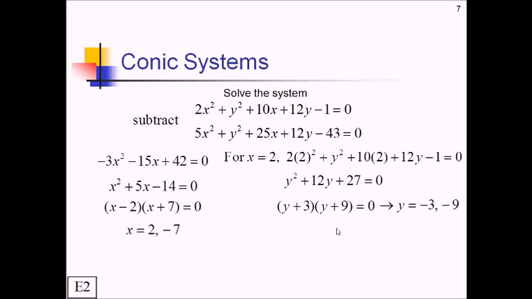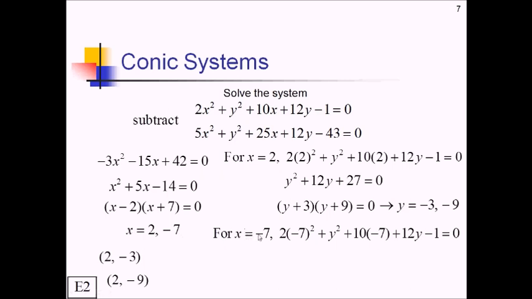So that's going to give us 2 answers so far. And I'm just going to write them down now so we don't forget about them. We're going to have 2, -3 and 2, -9. We're not done, though. Now we have to plug in -7. I'll use the same equation.